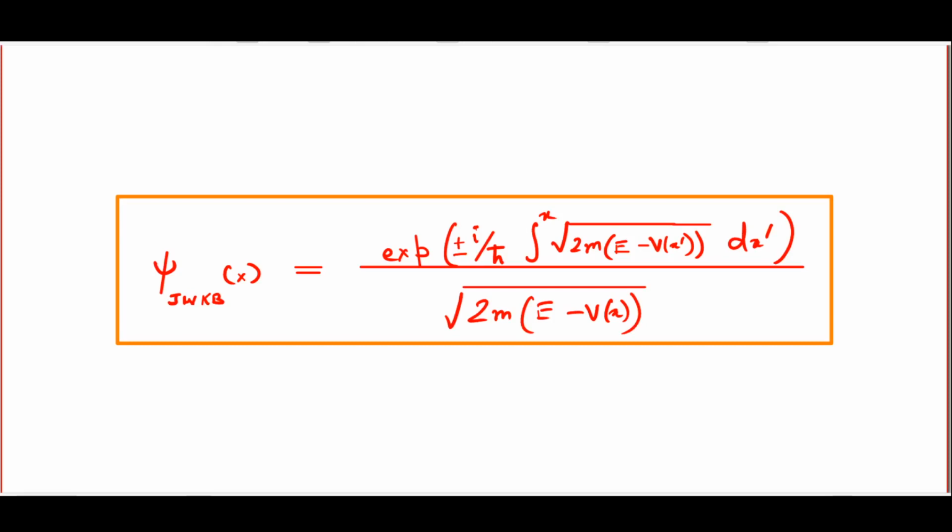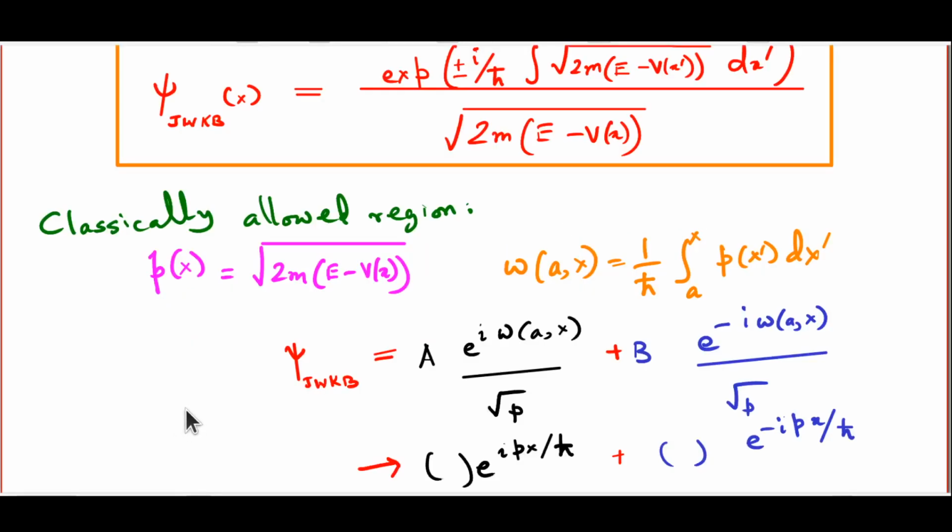But before we do that, let me reintroduce you to some abbreviations that we are going to use extensively that will simplify our calculations a bit. In the classically allowed region, it is obvious that the square root of 2m(E minus V of x), the quantity that sits within the integral of the exponent in the WKB wave function, is nothing but the classical momentum, and we obviously write that as p of x.